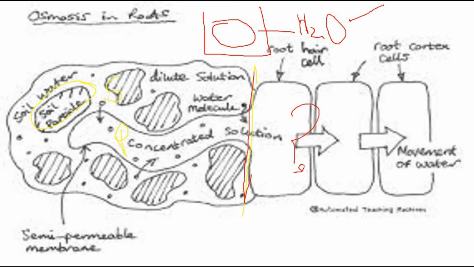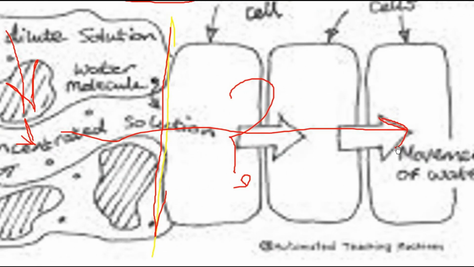So in the soil, the water particles and the mineral particles are high and they are moving from the soil into the root hair, and then they are moving upwards to the cortex and then into the xylem. Everybody get that?